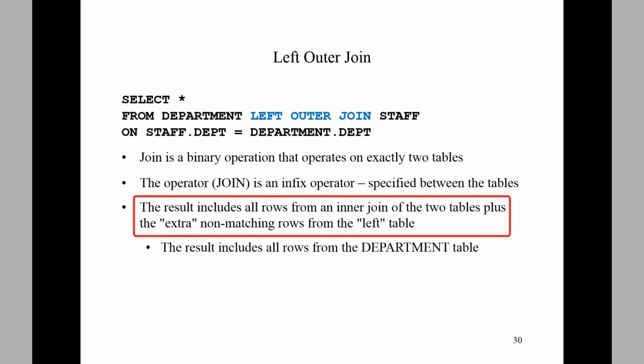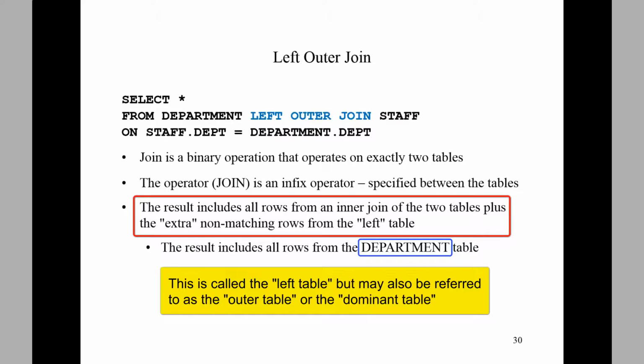The significance of this is that the result will include all rows from the inner join of the two tables plus the extra or non-matching rows from the left table, the table that appears to the left of the outer join operator. In this case, that is the department table.